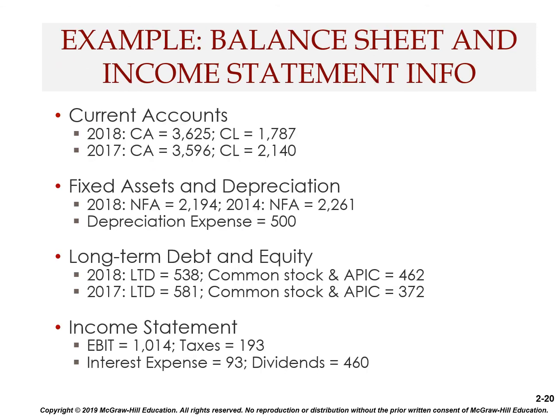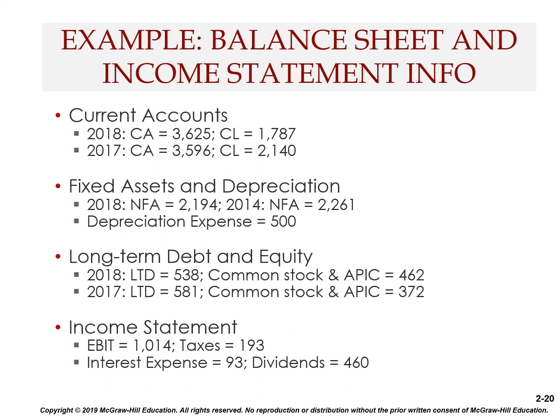So this is another example that we could use to determine cash flow from assets. Let's take a look at it together. I'm just going to stay on this slide, and you could grab a piece of paper and let's do the computations. You can see the current assets are there, so CA represents current assets, CL current liabilities.